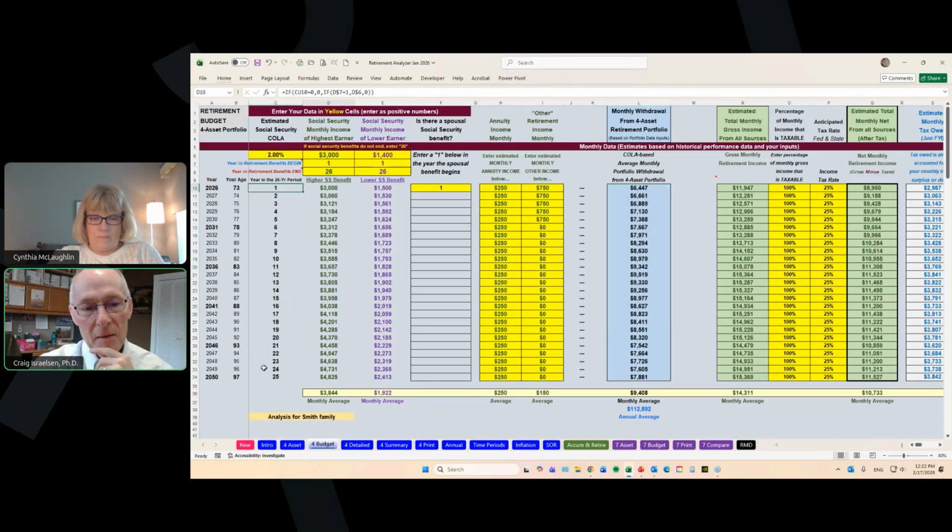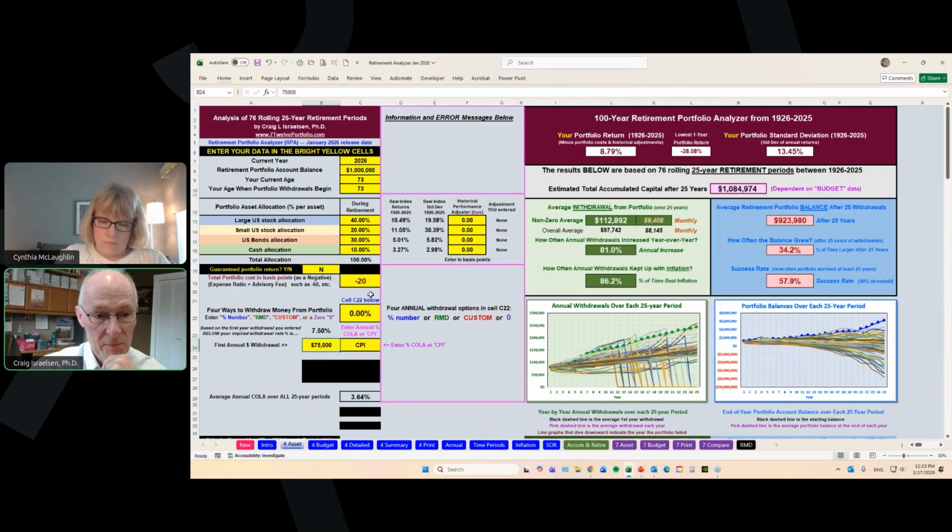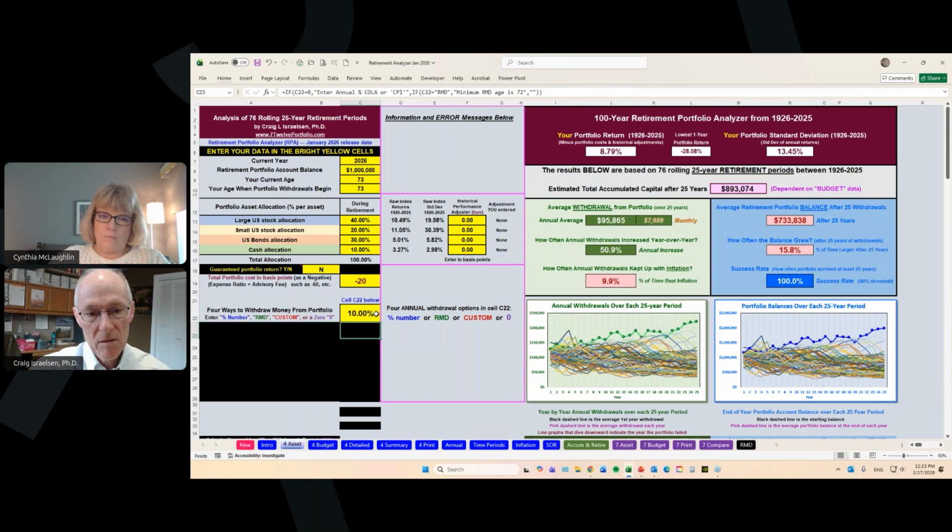So the whole Roth conversion question really centers on over how many years do I make those conversions? And then the tax implications of that. And so you could, for example, go into the 4-asset, let's say you have $1 million, and you say, okay, I want to withdraw 10% a year.